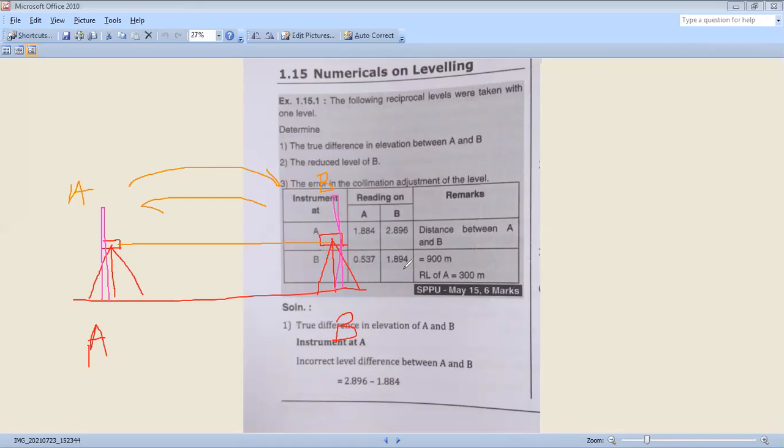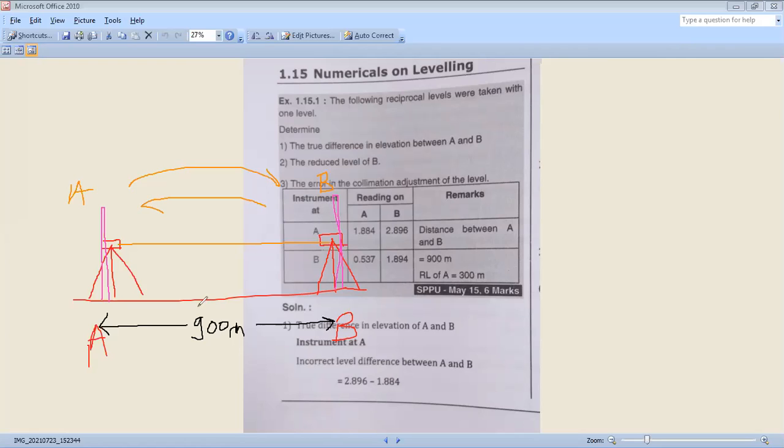The distance between point A and point B is given as 900 meter. Now this distance between these 2 points is 900 meter. Okay. And the reduced level of point A is 300 meter.